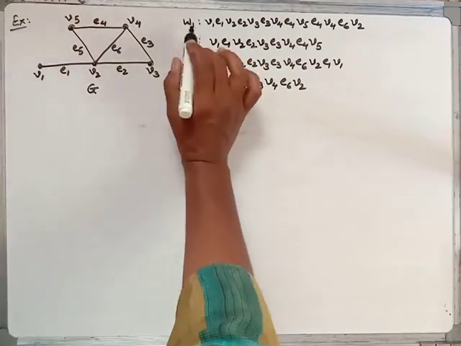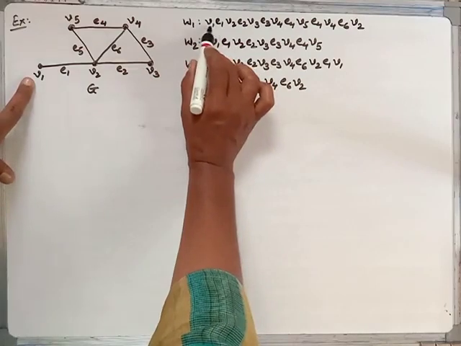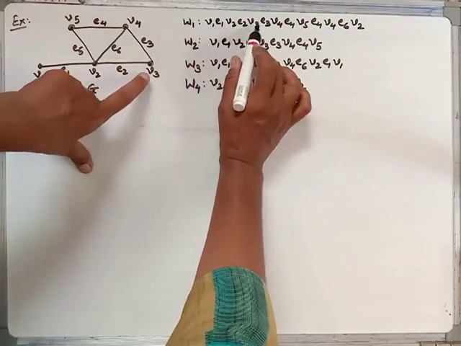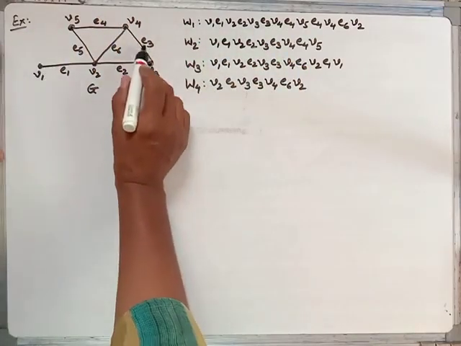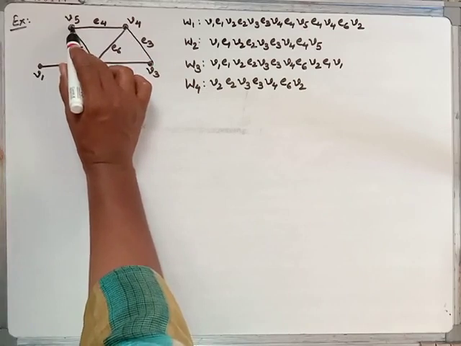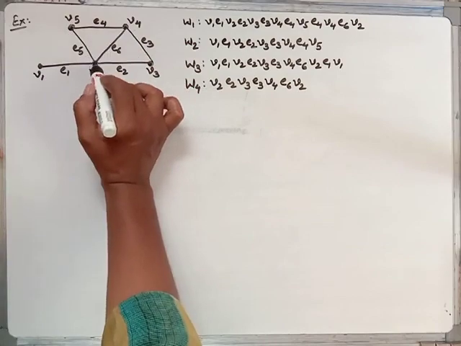Now this walk 1 is given: V1 E1, V2 E2, V3 E3, V4 E4, V5, then again E4, then V4 E6 and V2.